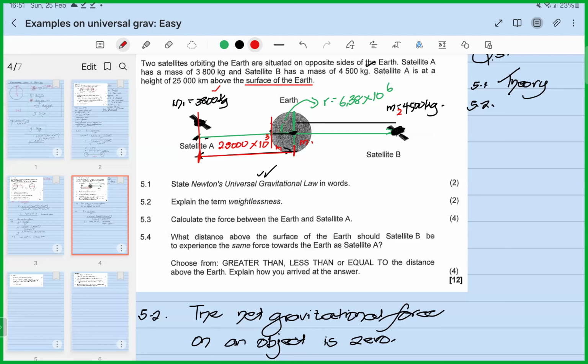What can you say about the distance between the Earth and satellite B if the two forces are the same? It can't be the same because the second mass is larger, isn't it? So what must the distance be so that the forces now are the same? Anyone?